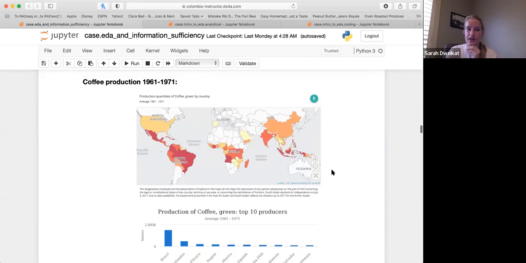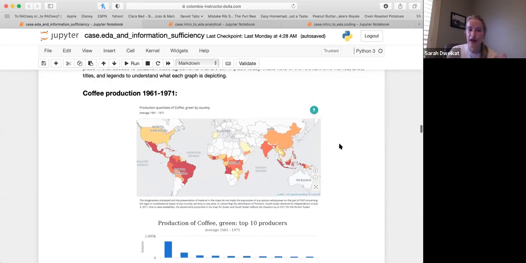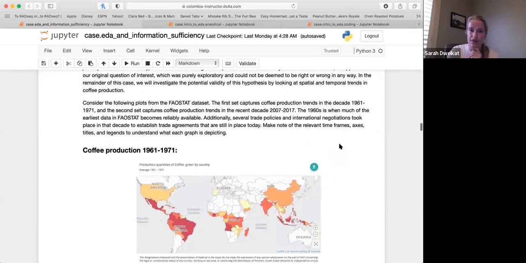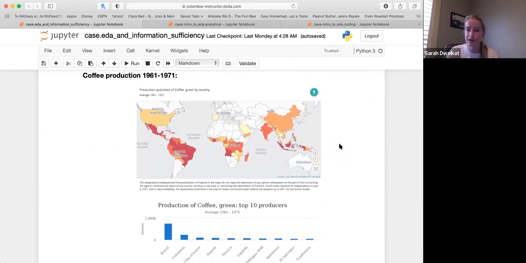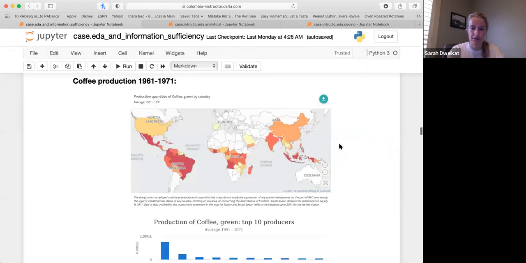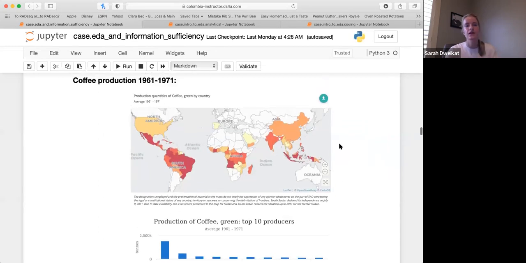So we're first going to be looking at a couple of these plots here. This first set is looking at coffee production from 1961 to 1971.